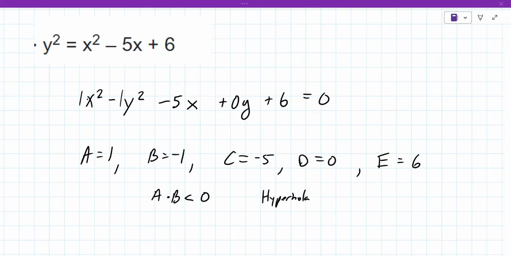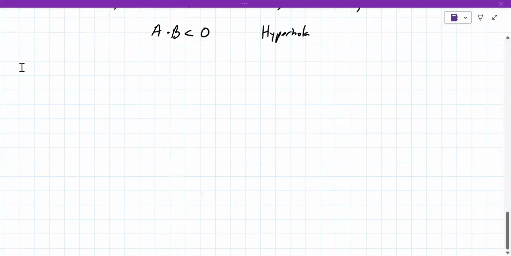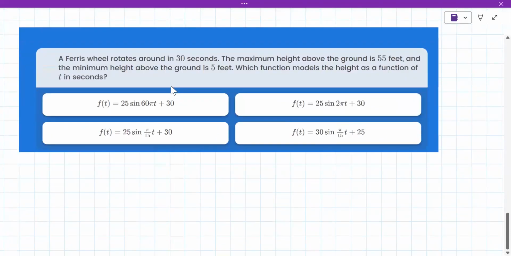Okay, so what I've noticed here is the questions are getting more and more difficult. In a problem like this, I would almost encourage you to just guess, because we didn't cover this. This isn't part of this class. I can show you how to work it out, I just don't know that it will be very helpful.